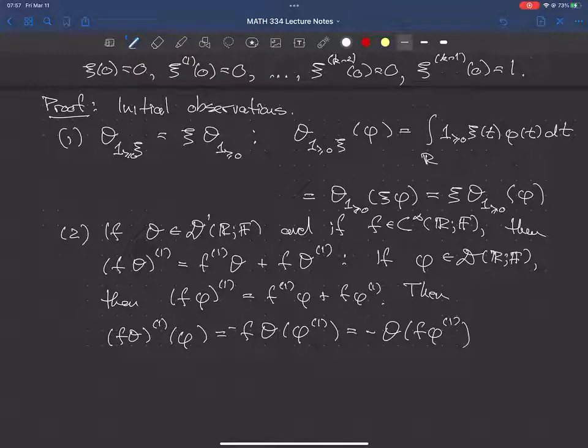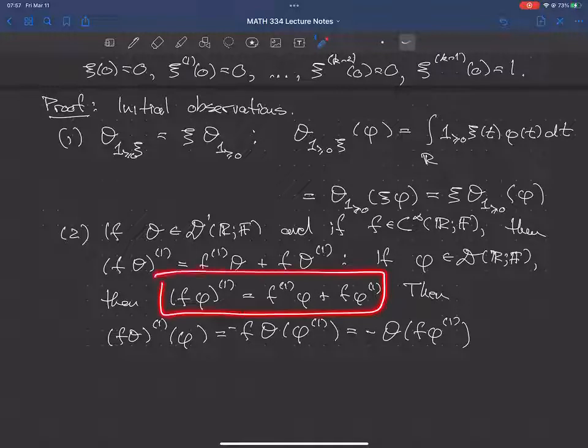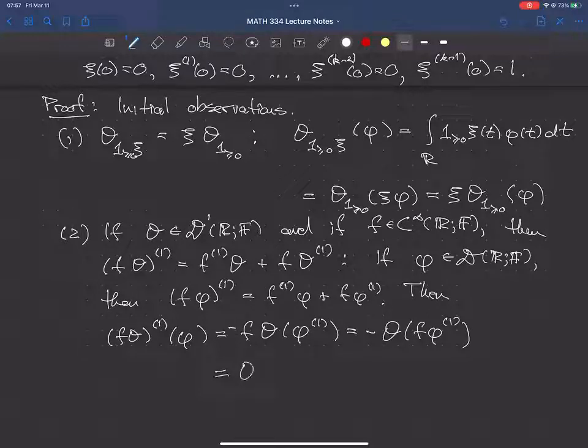Okay, now I'm going to use my formula here. Okay, so I have f phi 1. I'm going to solve for minus f phi 1 because that's what I have here. Okay, so this equals theta applied to, so it's going to be f 1 phi minus f phi 1.